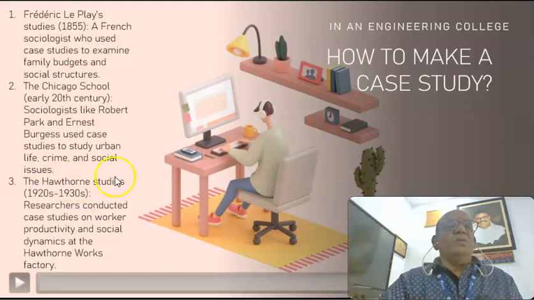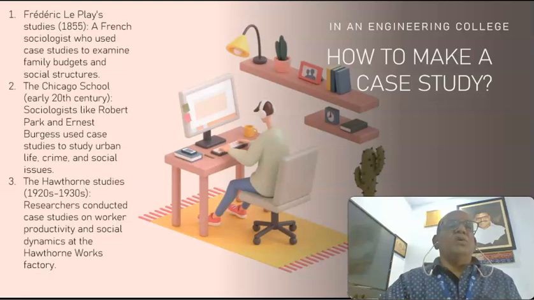Hawthorne studies involved studying how to improve employees' productivity at Western Electric's Hawthorne Works Factory somewhere in Cicero in Illinois, where researchers conducted these case studies on worker productivity to study social dynamics at the factory.